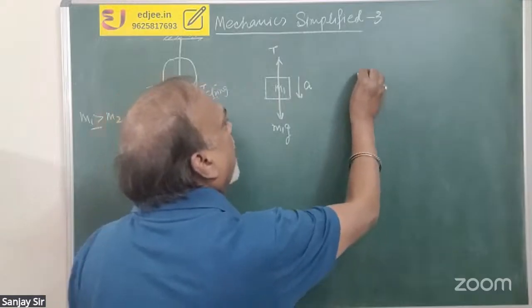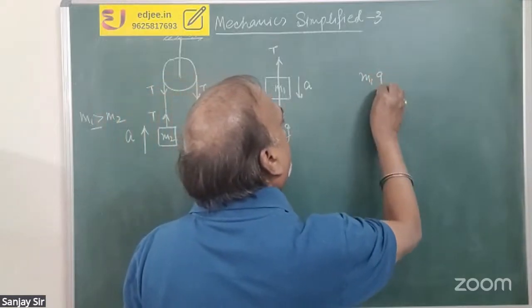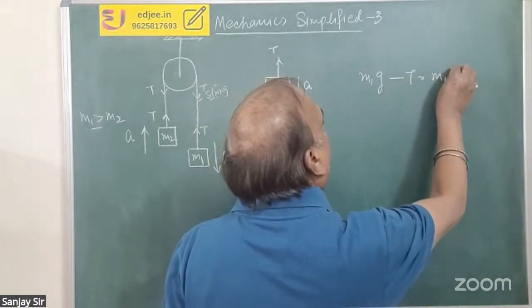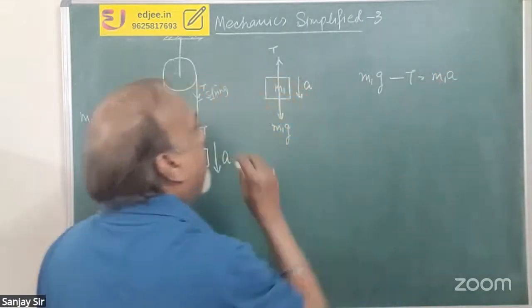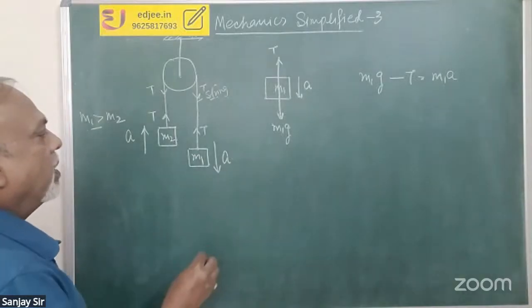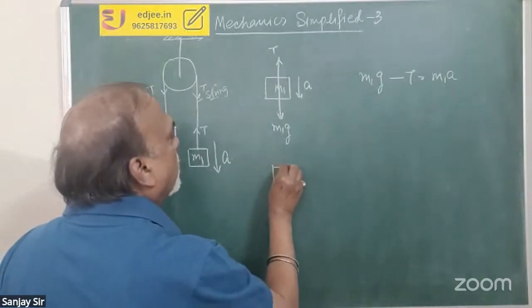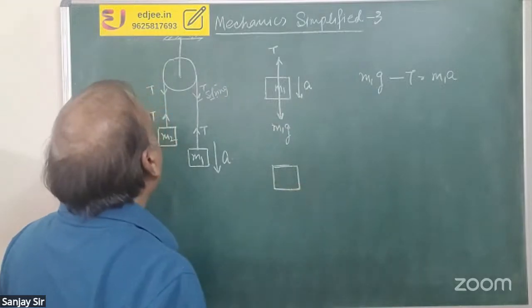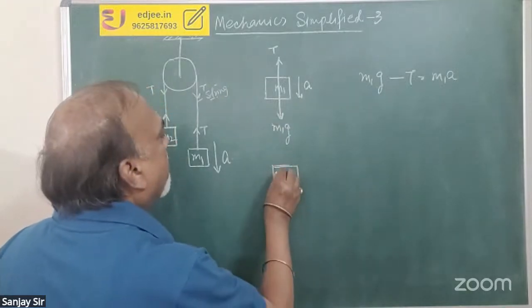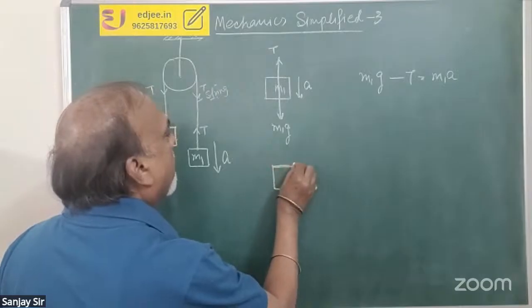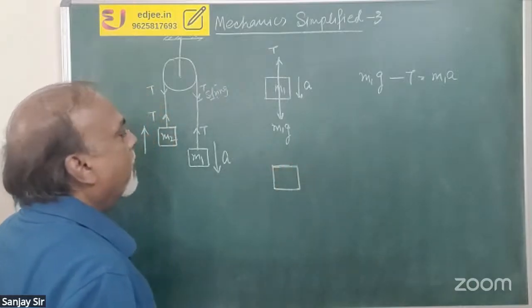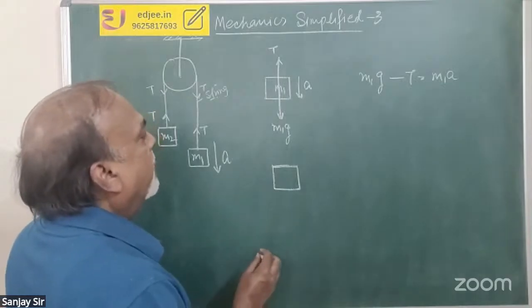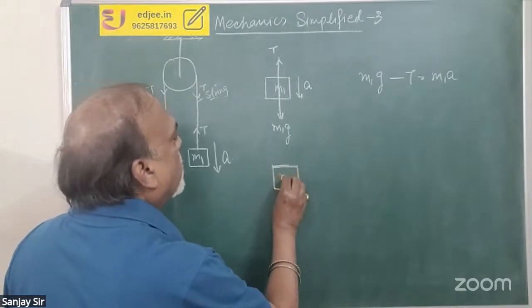That means M1G minus T is M1A. Let us make the free body diagram of M2.